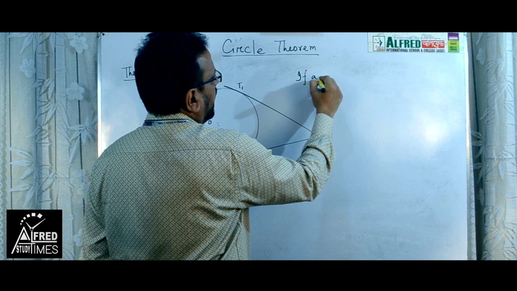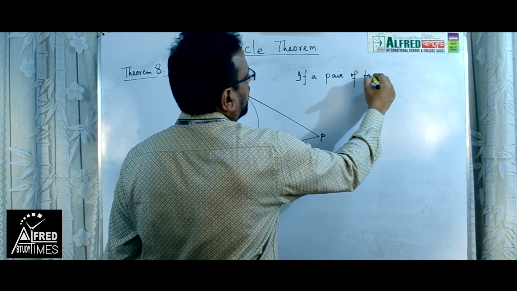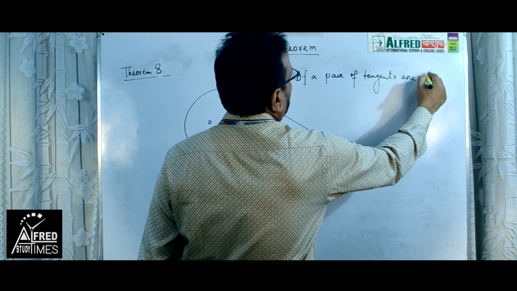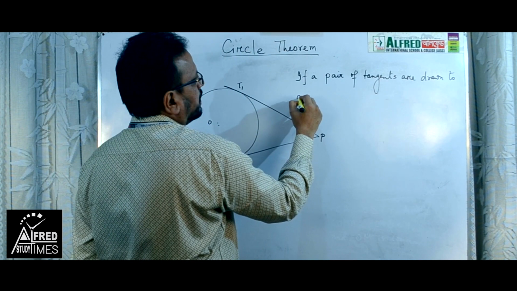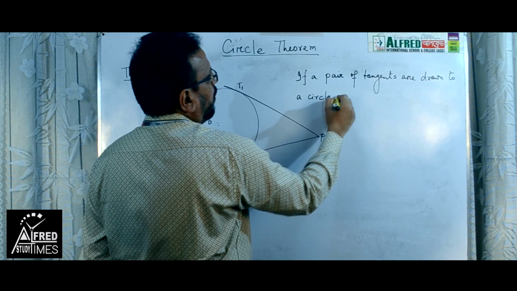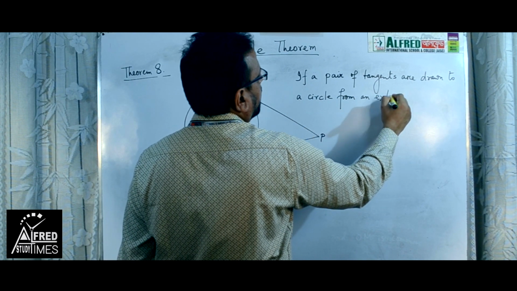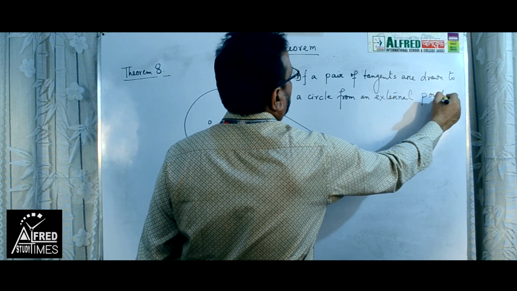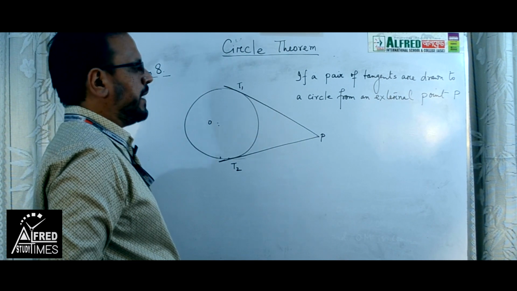If a pair of tangents are drawn to a circle from an external point P, then what happens?